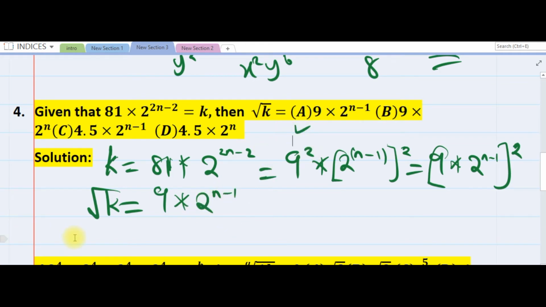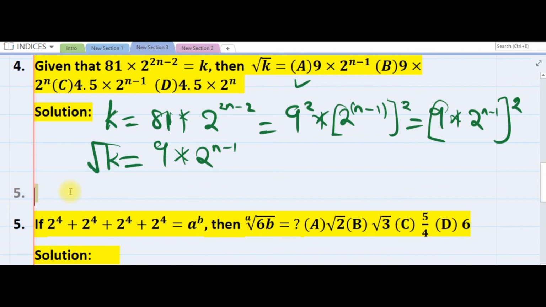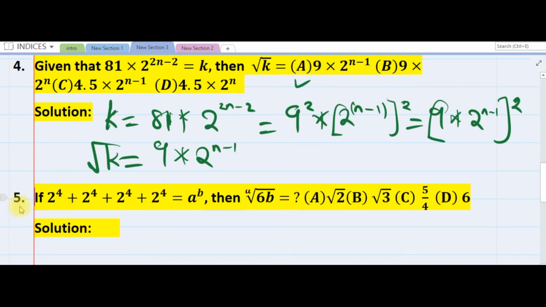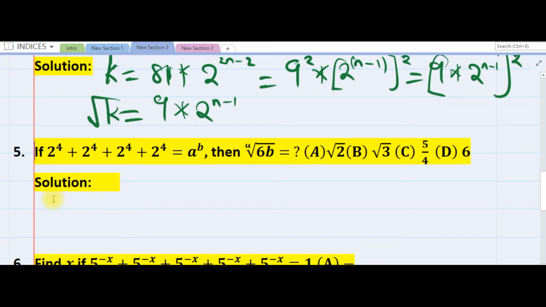So the next question, we are given that 2 raised to the power 4 plus 2 raised to the power 4 plus 4 times equals a raised to the power b. And we are now asked to find the 8th root of 6b. What you notice here is we need to find a and b.